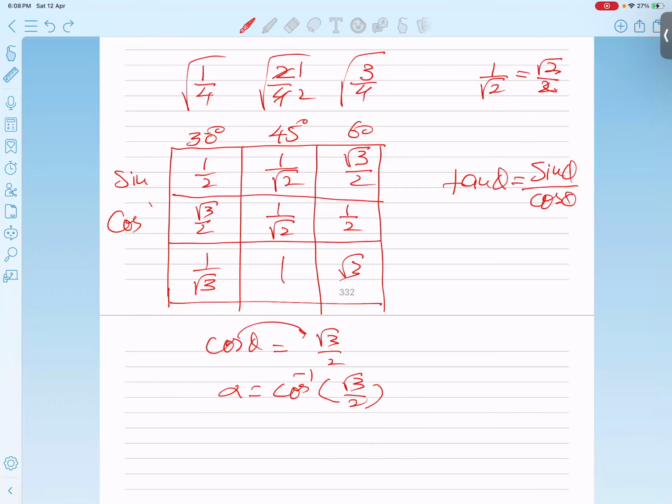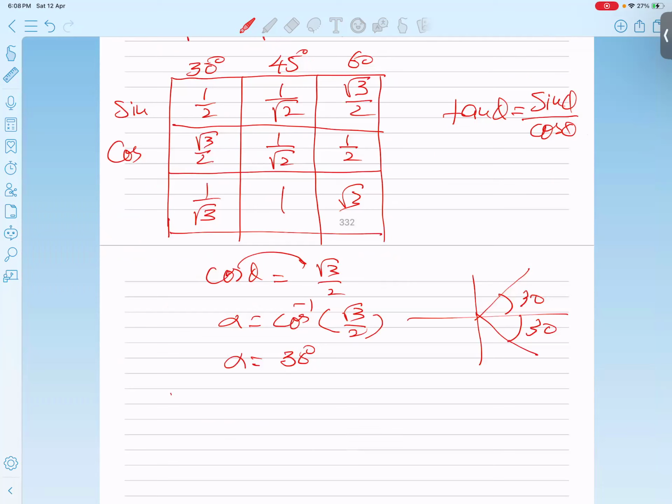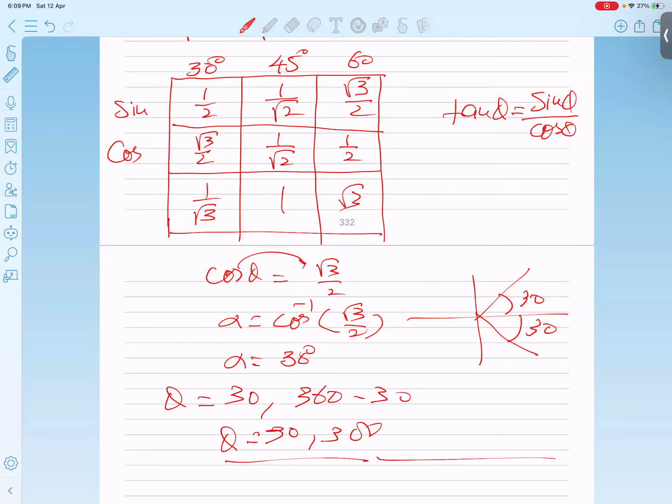Even you can check in calculator, it gives you 30 degrees. That is why as a teacher I always keep these values in my mind. I believe you got the point. So 30 and 360 minus 30, my answers are 30 and 330. Alhamdulillah Rabbil Alameen, you can check these values.